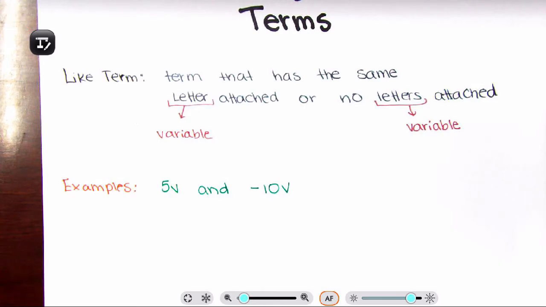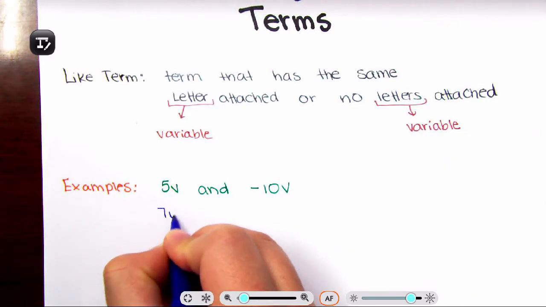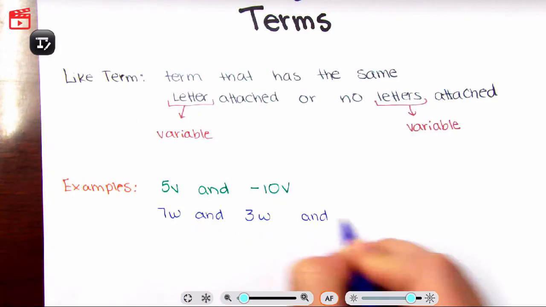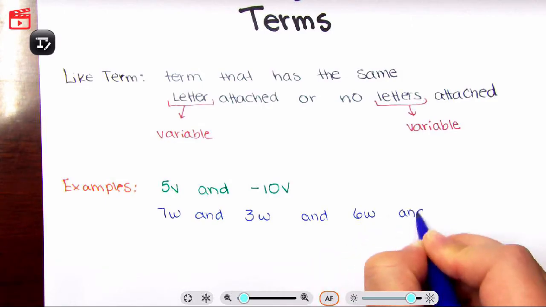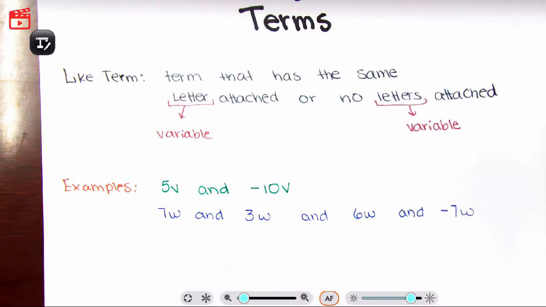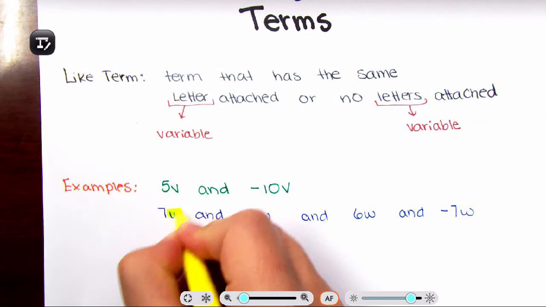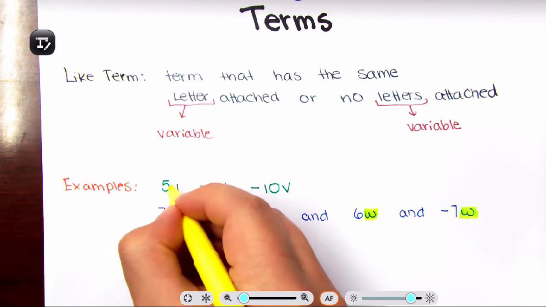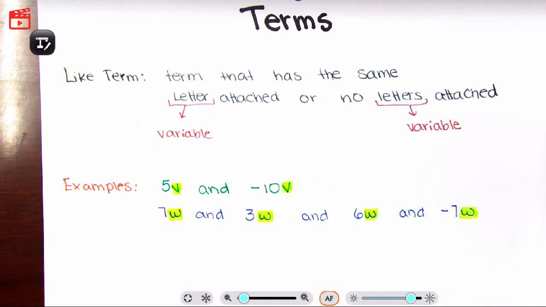Another example could be 7w and 3w and 6w and negative 7w. So what we're looking for when we are identifying like terms, we are looking for the same letter. So in this example, we have W, W, W, W. In this one here, we have a V and a V. So because you have the same letter, the same variable, you are able to combine them.